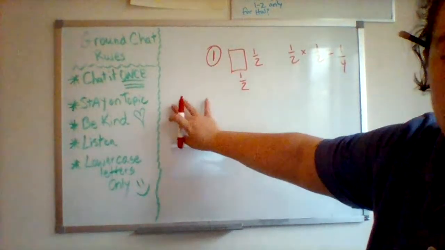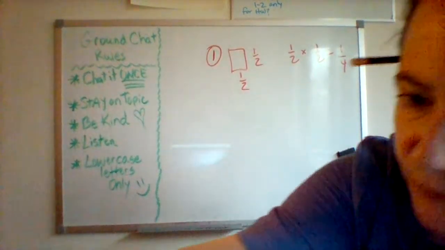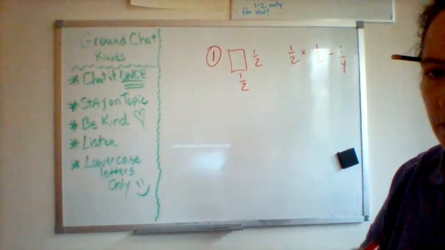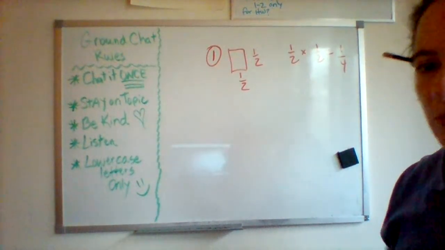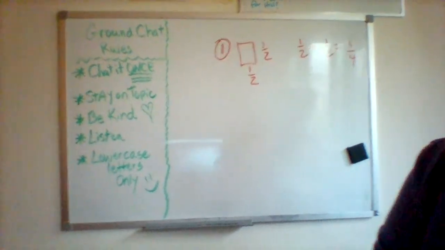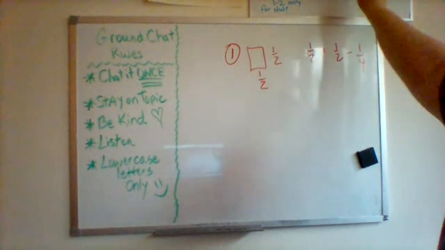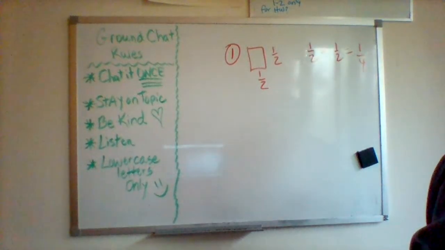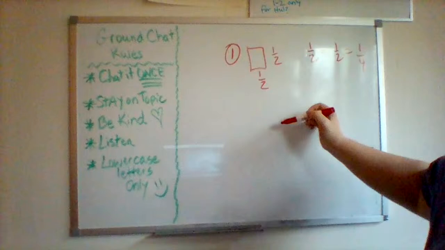Okay, I'll make sure that I write over here more. Let's see. I don't know how to explain it, but like, a square has all equal sides, so it should all equal a half. That's absolutely correct. That's all I needed you to say. Because of the fact that I said in the warm-up that these are both squares, you automatically know that each side has to be a half.